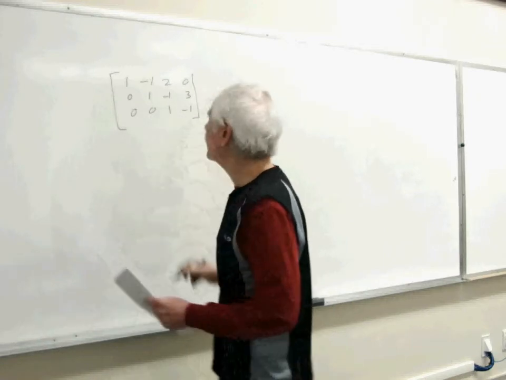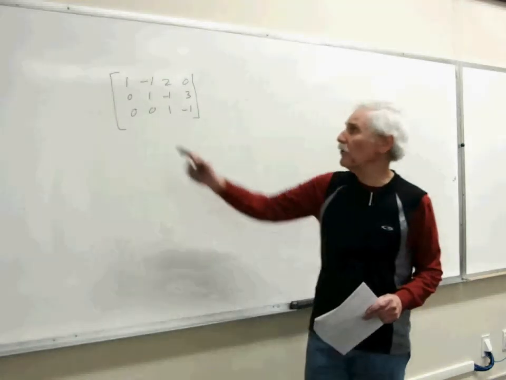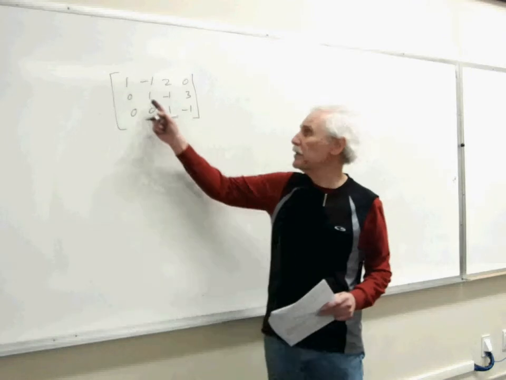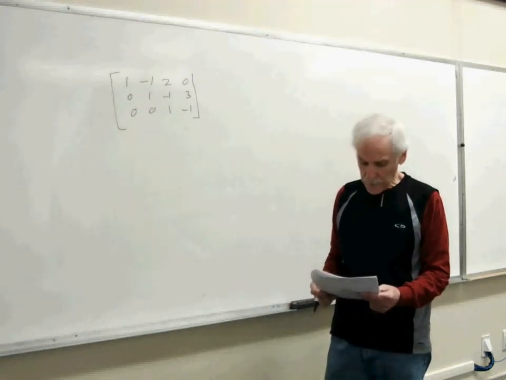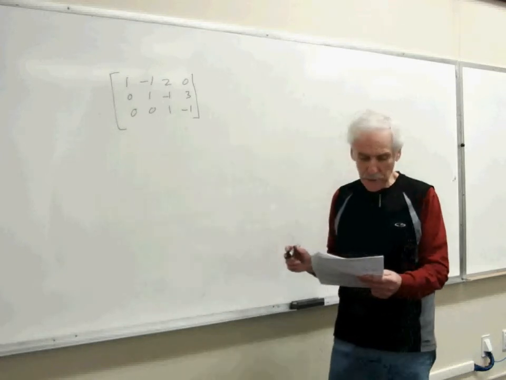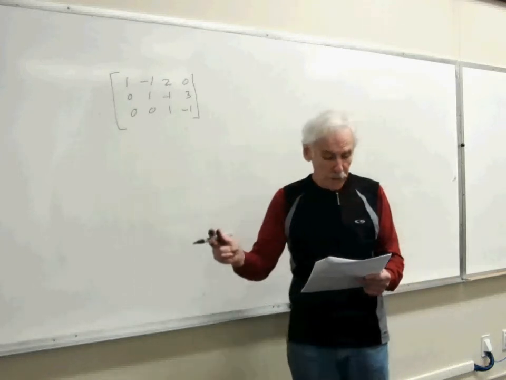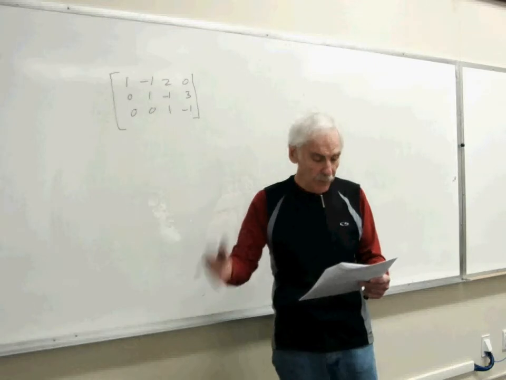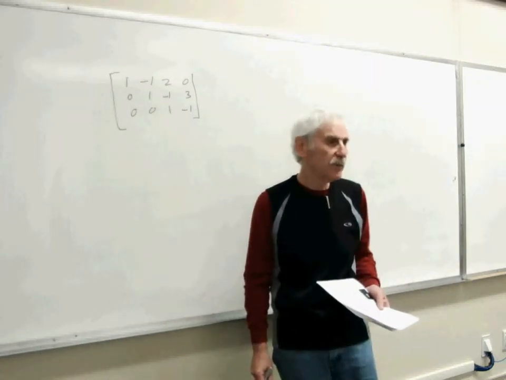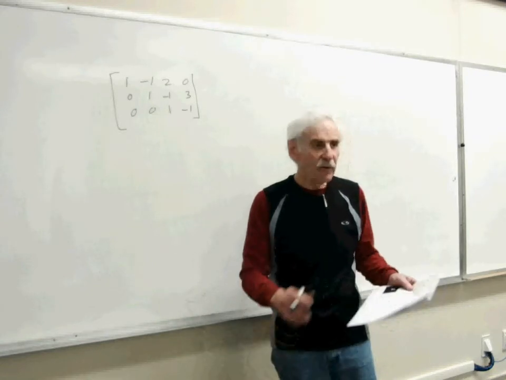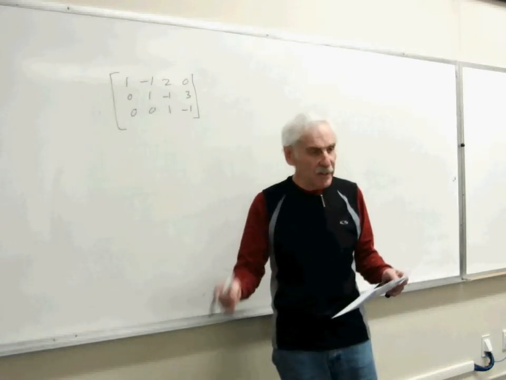Now, it's in row echelon form because I have diagonals of 1s and then 0s in the lower triangle. And you'll notice I had 4 checkboxes: no solution, unique solution, infinite number of solutions, and number of solutions cannot be determined. What can you rule out immediately? The number of solutions cannot be determined.